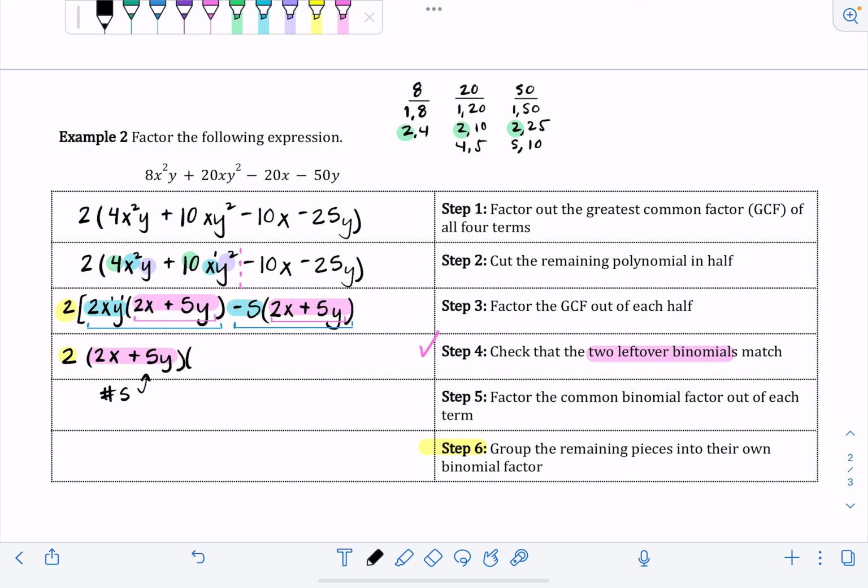Those go in their own parentheses, so 2xy minus 5. And this is step number 6. And then this is our final answer: 2 times 2x, oh my gosh, that's crazy. Sorry, 2 times (2x plus 5y) times (2xy minus 5). And I wish I could say that's it, but that was a lot.